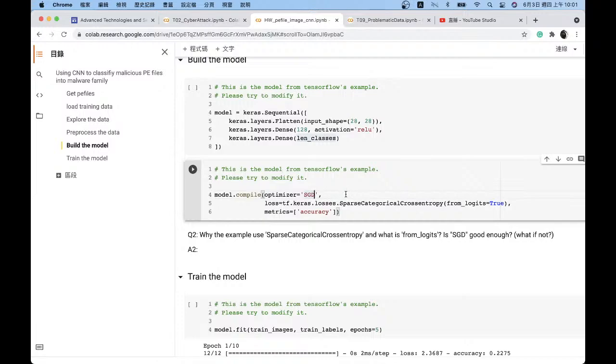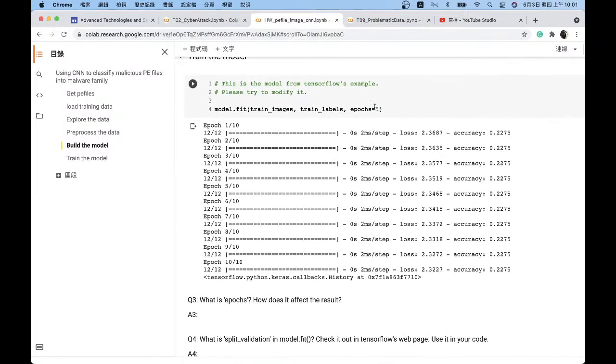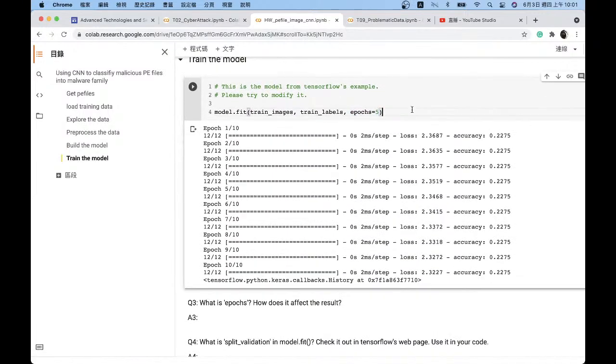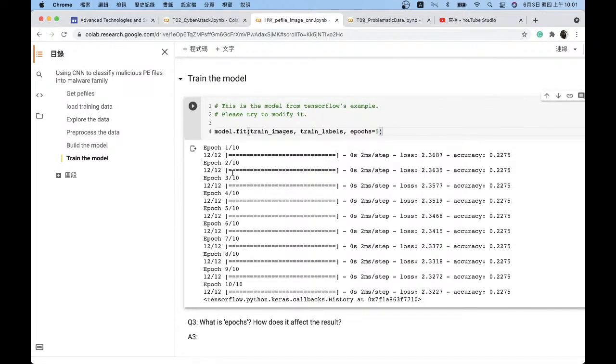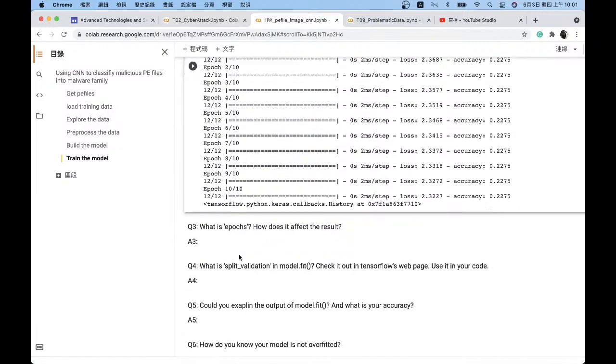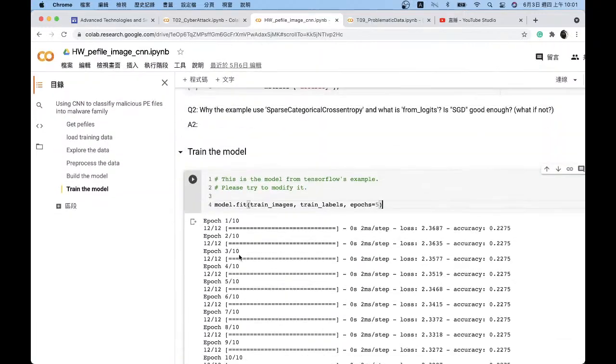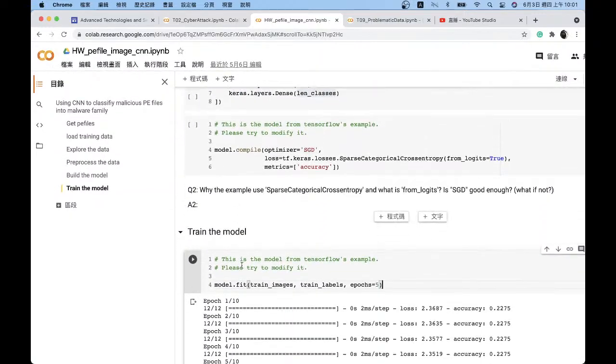So I believe the result is not that good. The epoch right here is 5. So we can see the epochs we trained right here, and I believe the result is not good. Where is the result?